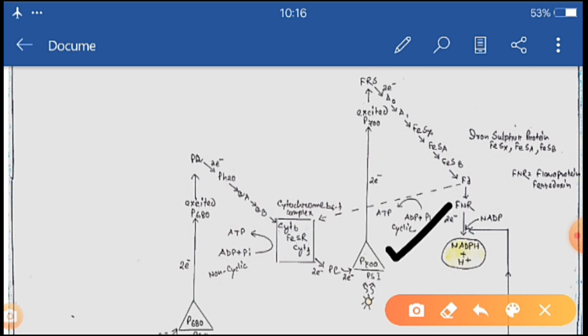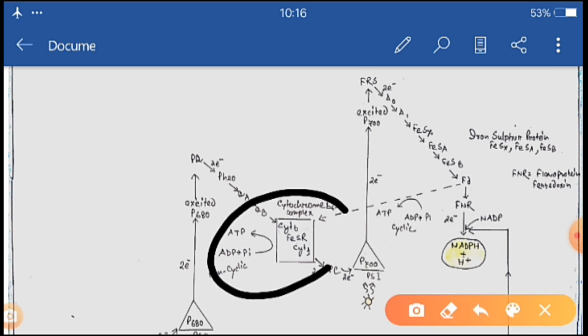So to fulfill the electron deficiency, electrons will be transferred from plastocyanin to PS1. Okay, you see, during the transfer of electrons from PS2 to PS1, what happened?